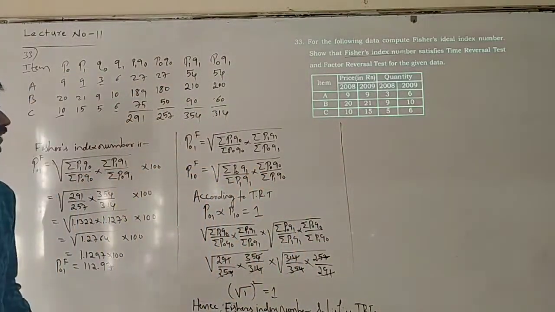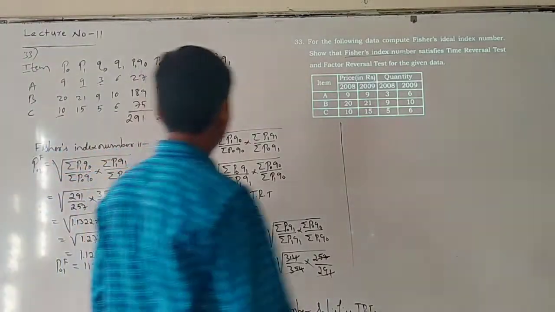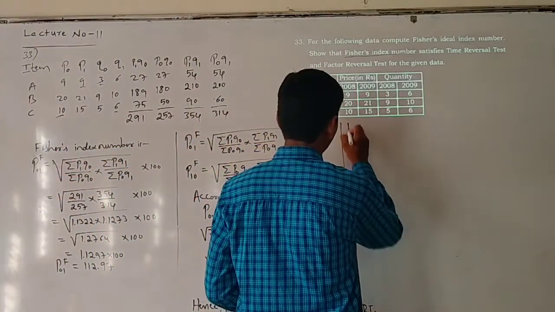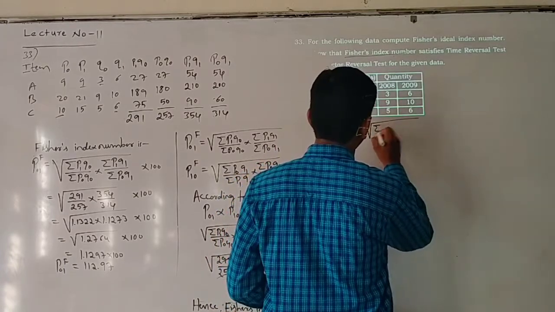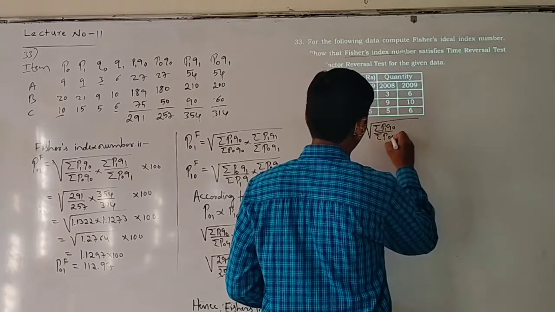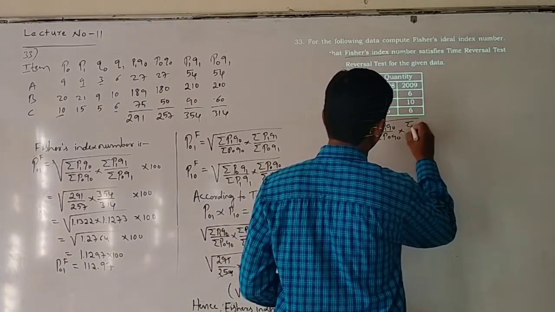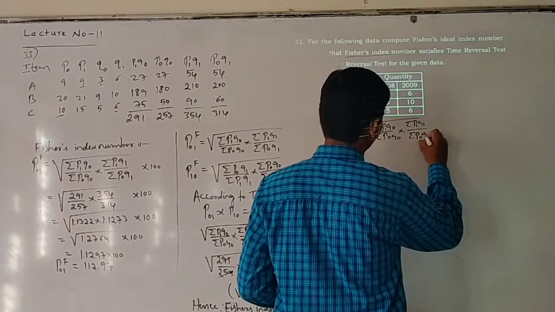Okay. Next, second one, we have to show the factor reversal test, that Fisher's index satisfies FRT. Here the condition is the FRT condition. First, I write P01, that is under root of sum of P1 Q0 by sum of P0 Q0 into sum of P1 Q1 by sum of P0 Q1.